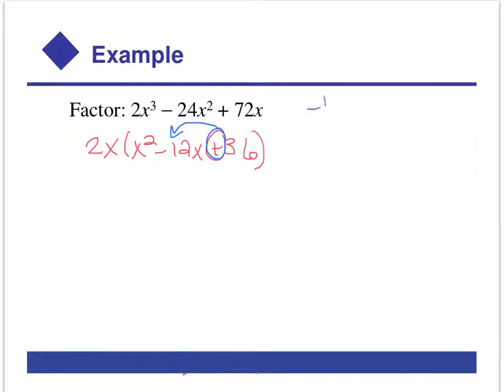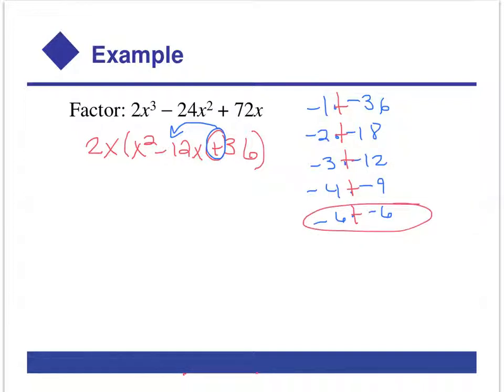So if I have negative 1 times negative 36, negative 2 times negative 18, negative 3 times negative 12, negative 4 times negative 9, negative 6 times negative 6. Now if we go in and put a plus sign, let's see if we can find one that would add up to negative 12. And it's this one right here.